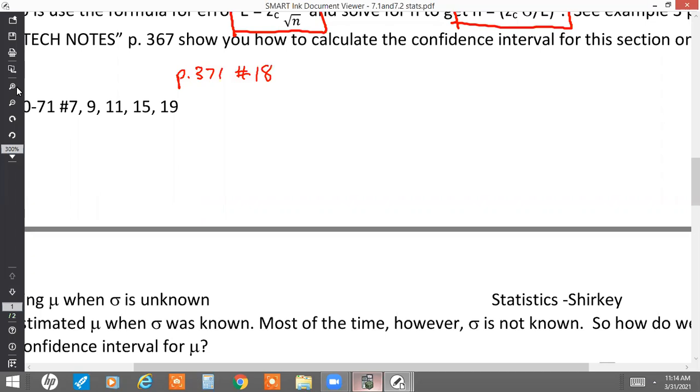And this is part B. We already did part A. Find the sample size necessary for a 90% confidence level with a maximum margin of error of 0.3.